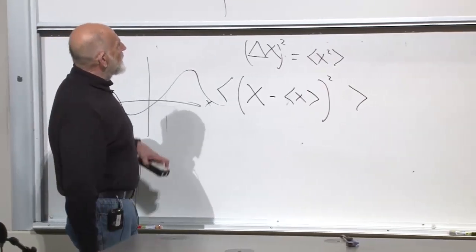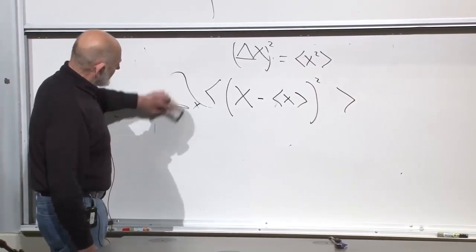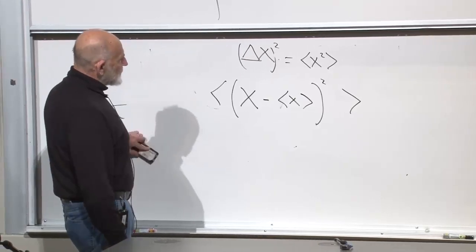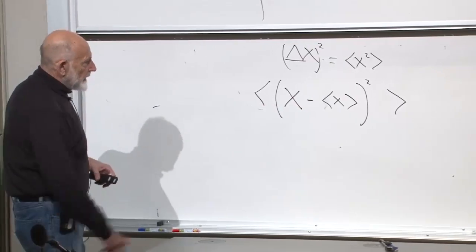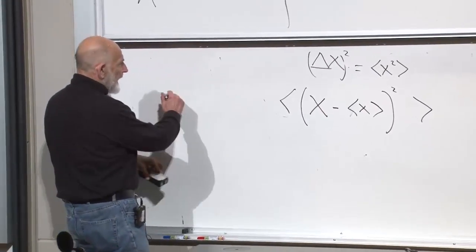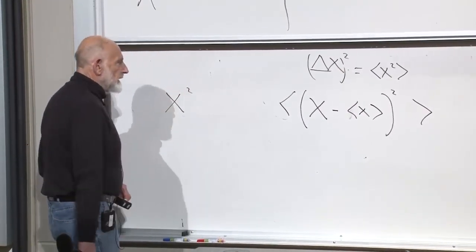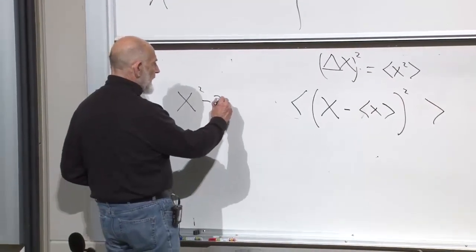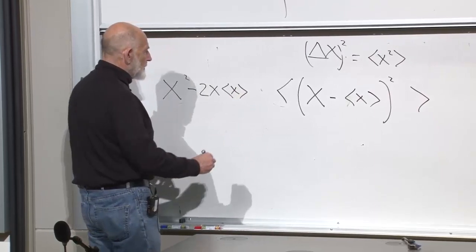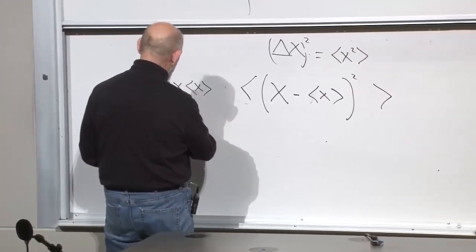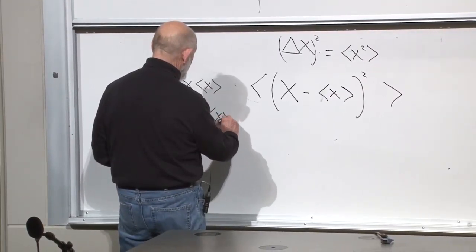Let's see what we can do with it, let's see if we can make some sense out of it. First of all, we square before we average. So we're averaging x squared minus twice x times the average of x plus the average of x squared.